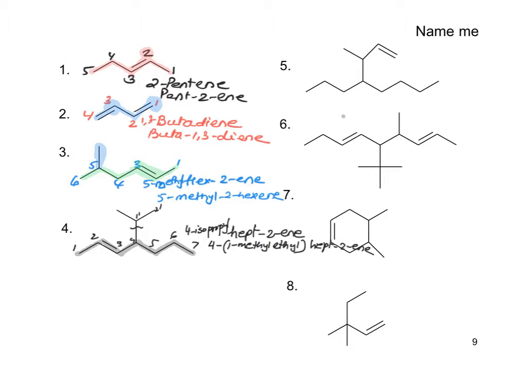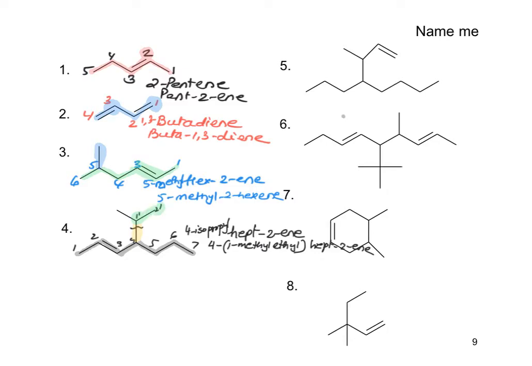The next one over is hept-2-ene, the fourth position of which holds an isopropyl. You can either call it isopropyl or know that the point of attachment, this bond I'm showing here, I'm calling 1', and I'll look for the longest chain.